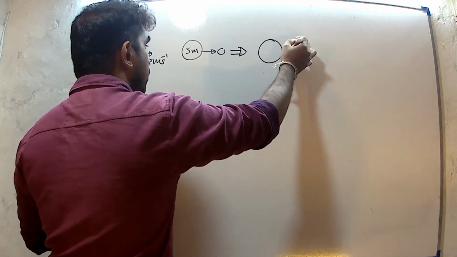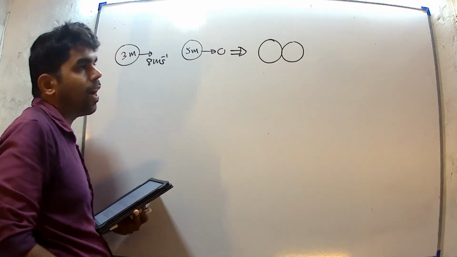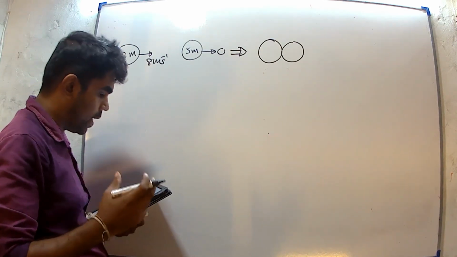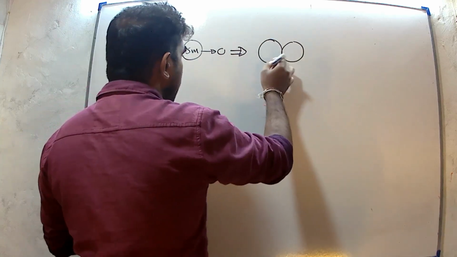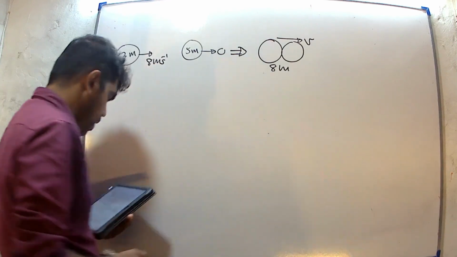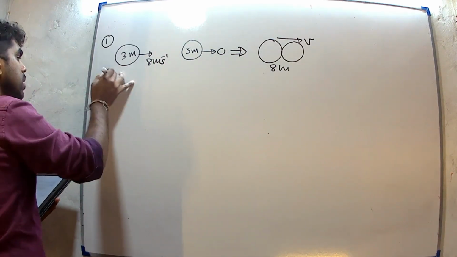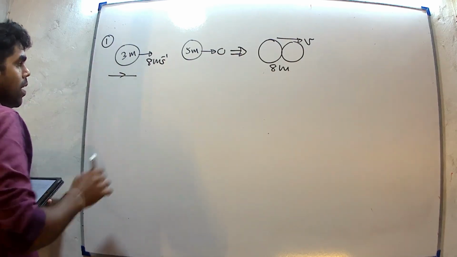It means we have to consider these two objects as acting as a single object. Then mass is 8m. We have to find the final velocity. Then we can use conservation of linear momentum in this direction.